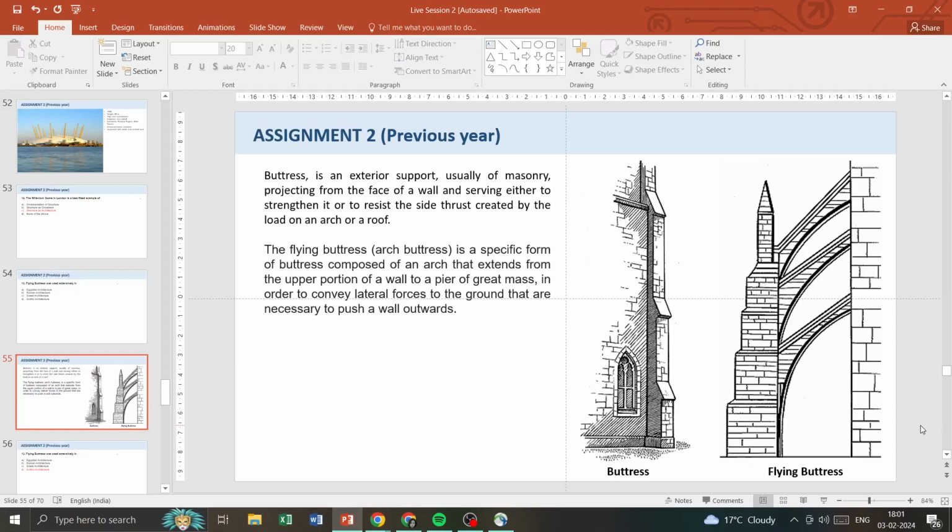So what happens in a flying buttress is that the pier is there, the cascading pier, the mass with the pier, and then there is a wall, and there are arches that connect the wall to the pier. This extra structure made of arch and pier is called a flying buttress. Flying buttresses were a very important part of Gothic architecture.